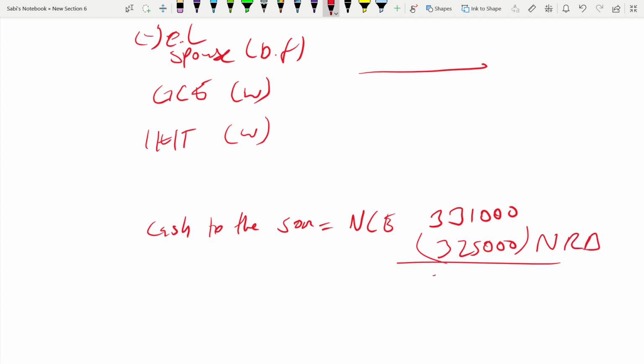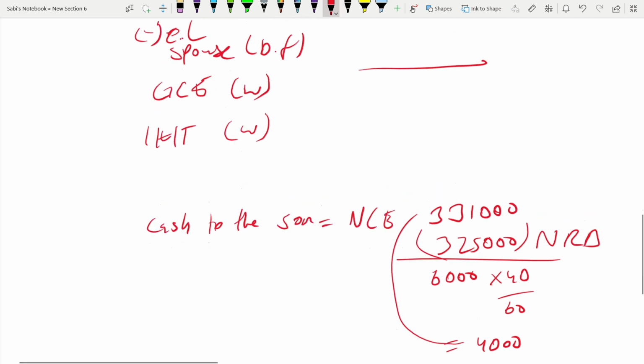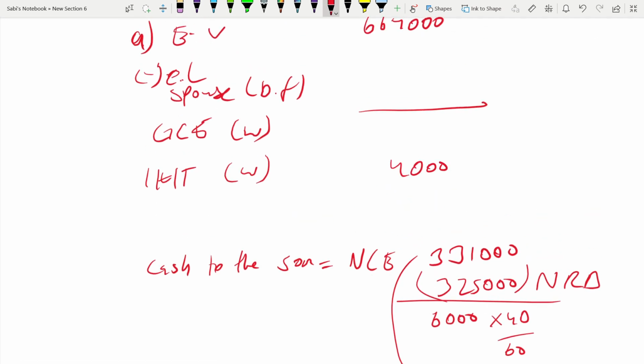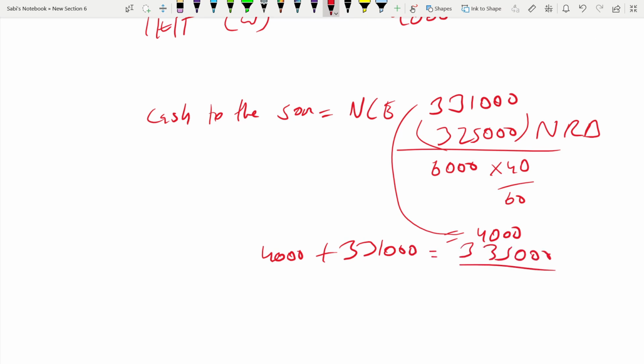Then 6,000 is the taxable amount, into 40 divided by 60. Remember the grossing up is like this, which is 4,000. You already got the IST, 4,000. So with this 4,000 you add 331,000, which is 335,000. This is the gross chargeable estate.